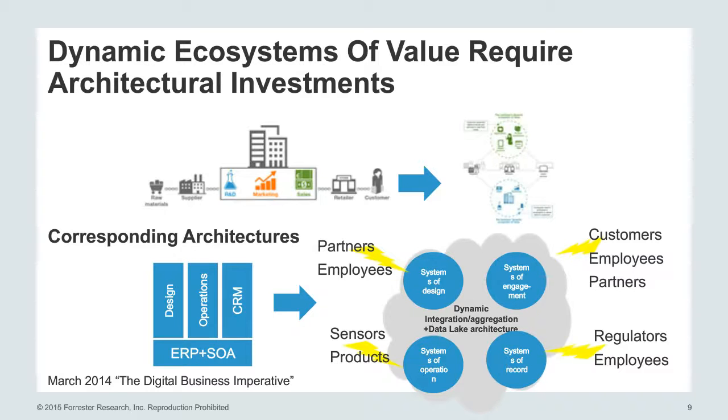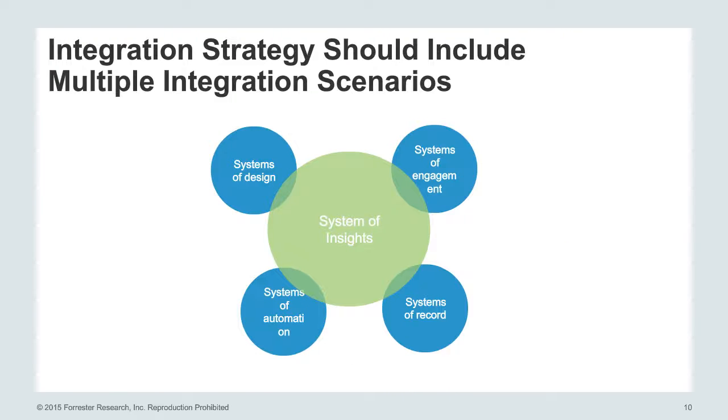So you see that all of those systems have very different life cycles. The life cycle for system of engagement is more dependent on the type of relationship that you will put in place with your partners, your customers, your employees. While the system of automation will depend a lot on the deployment, but also the change of technologies for sensors.